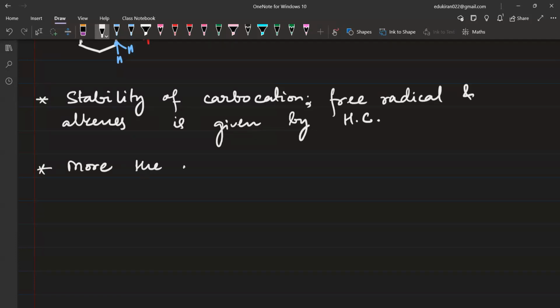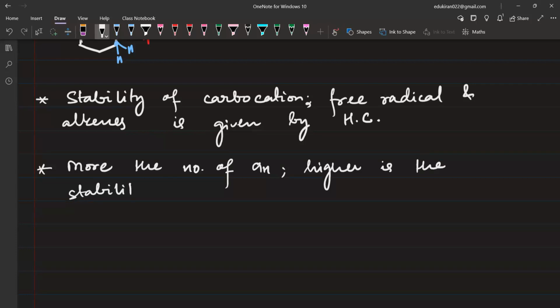The more the number of alpha hydrogens, the higher is the stability.